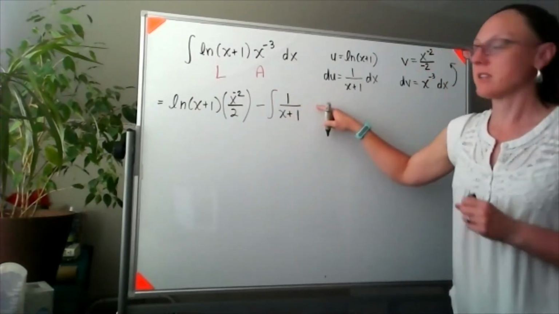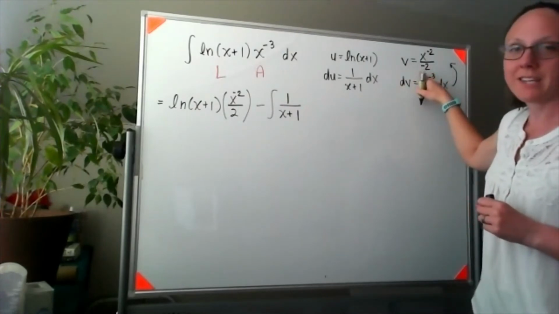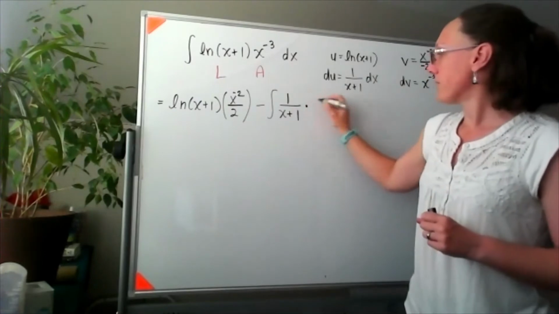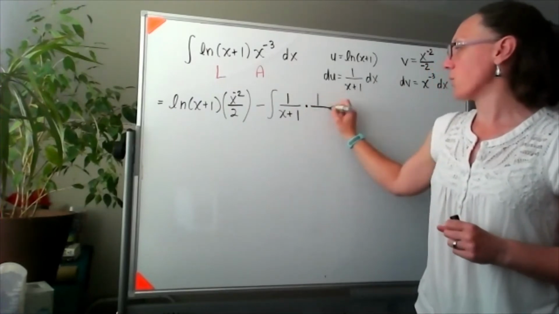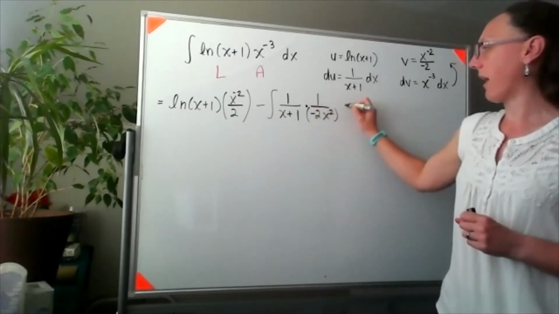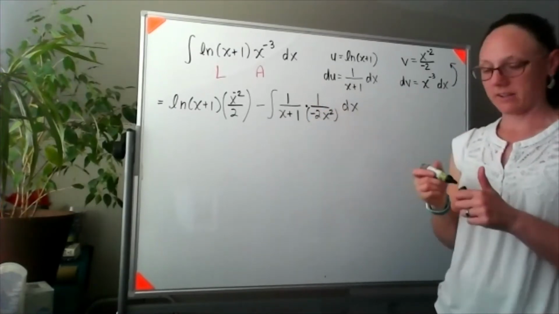And I realized there's probably a nicer way to write this, to put that x to the negative 2 into the denominator. So I will do that and have that as 1 over negative 2 x squared dx.